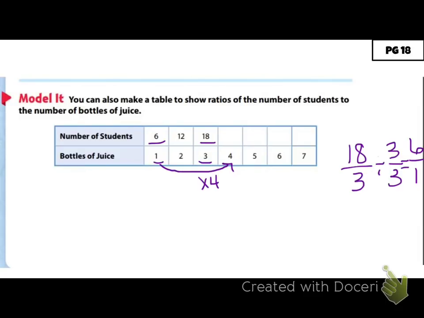I would multiply it by 4, so that means I would do the same thing to the top, times 4. So, 6 times 4 would give us our 24. Then I do the same thing for the next one. 1 times 5 gives us 5, so 6 times 5 gives us 30.